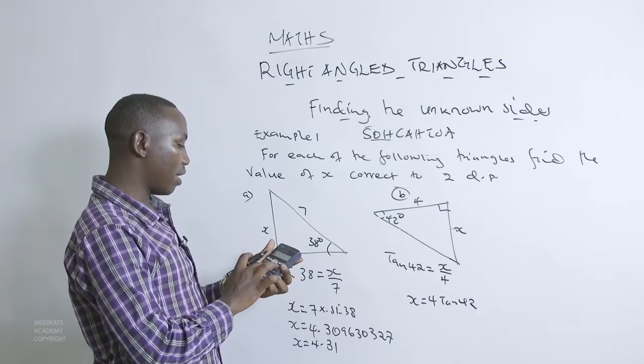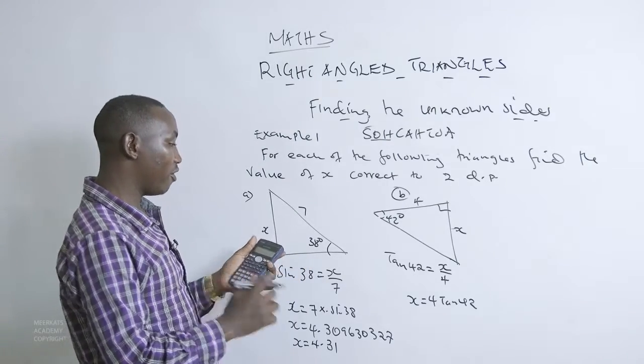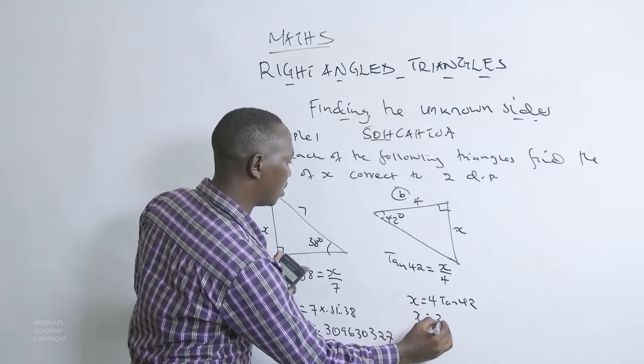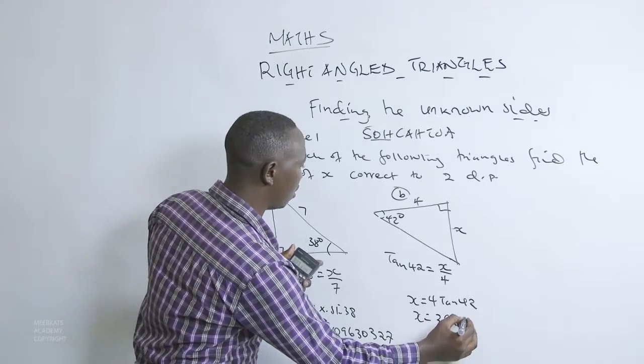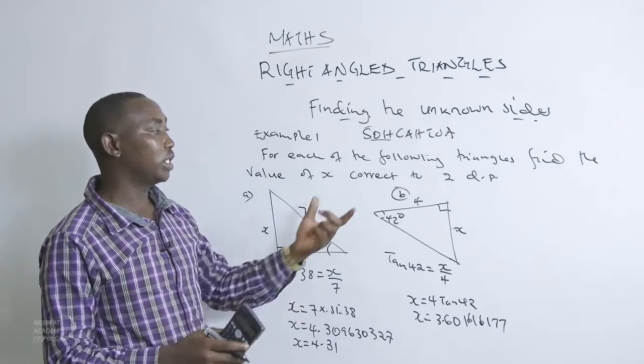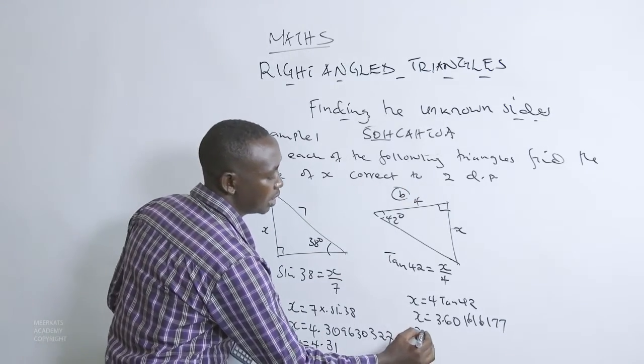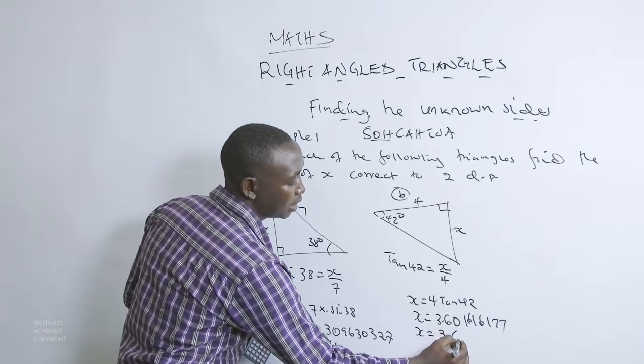So you press tan of 42 on your calculator, then you multiply it by 4. It will give you x to be 3.6016161777. Again, the question requires us to write our answers correct to 2 decimal places. That means that our x shall be equal to 3.60 units.